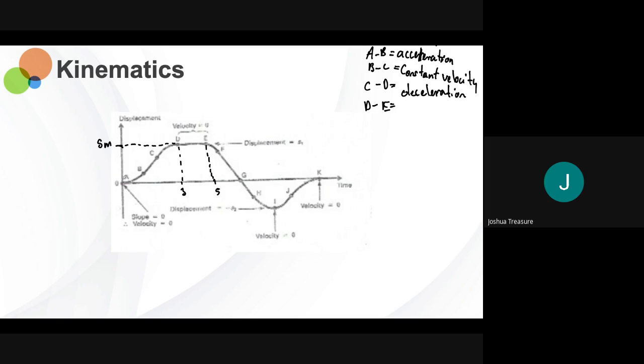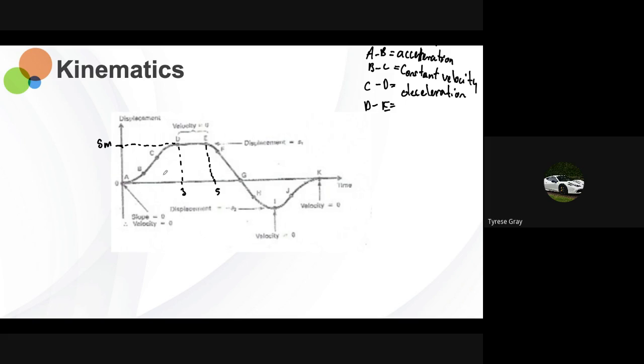You increase speed, go from A to B, acceleration. Then from B to C, constant velocity. And then C to D, deceleration. D to E will be what in real life? Constant deceleration, sir.